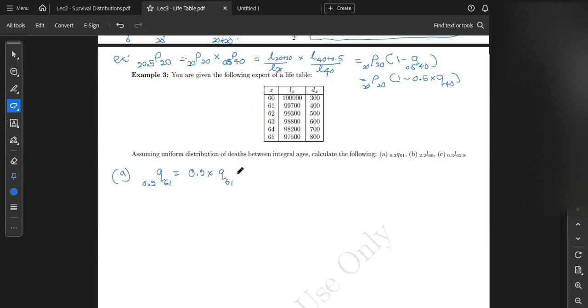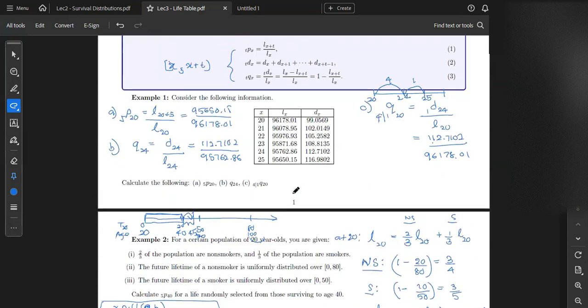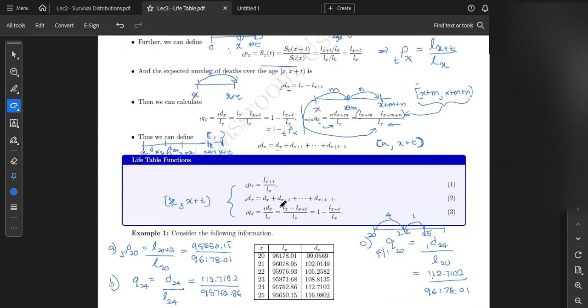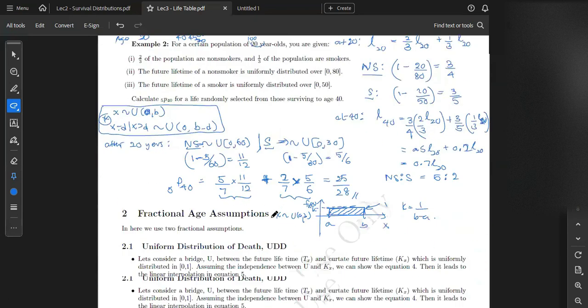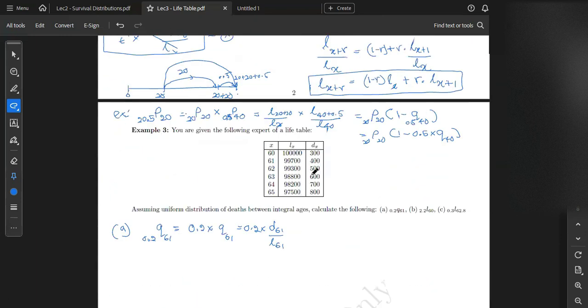We can write it like this, and then it's 0.2 times this. So this is the equation we have here. Here t is equal to 1, x is equal to 61. That's how I got it. And you have both values in the table, so we can substitute the values and get the corresponding answer.